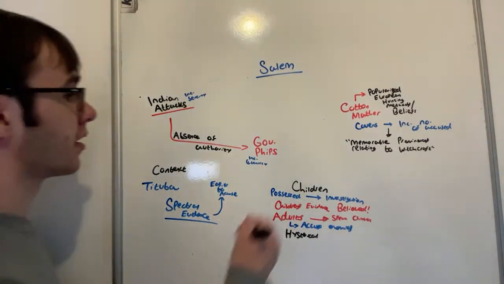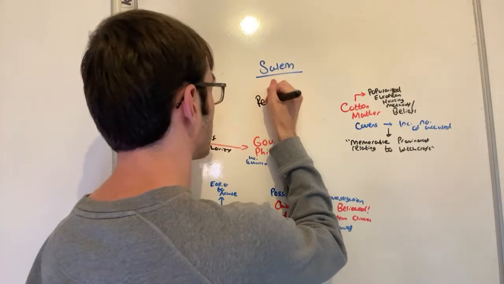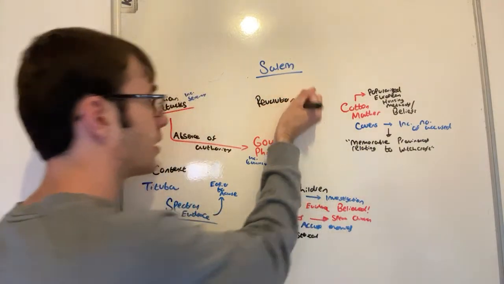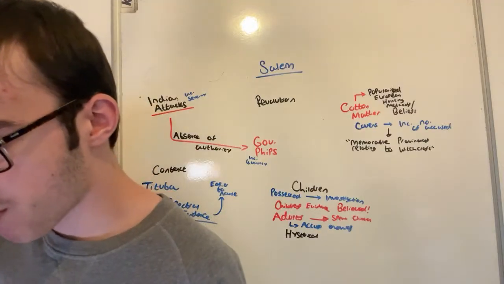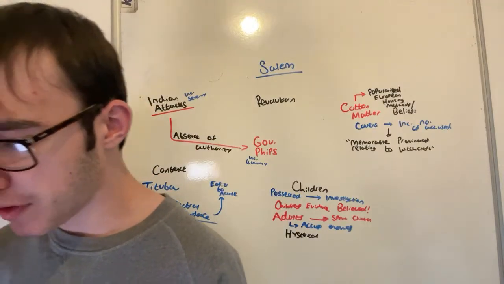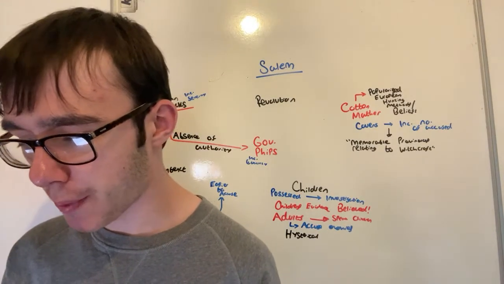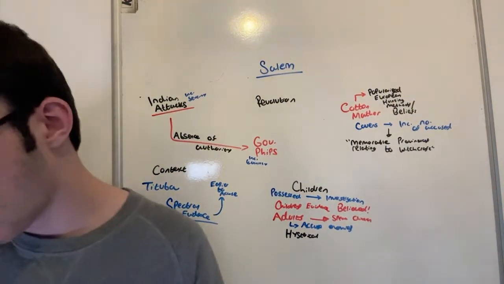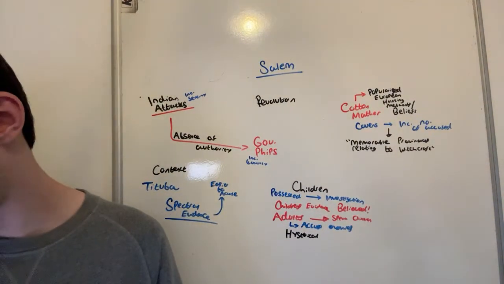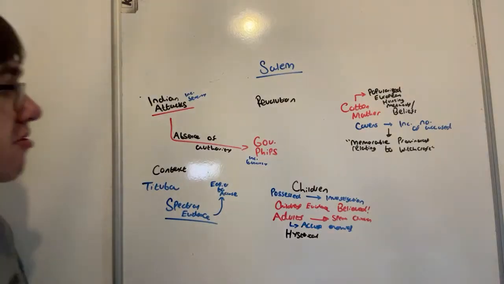Another mini point is the revolution. Now, all the mark scheme says for this is the revolution in England had produced a political vacuum with no governor till May. When a new one arrived, the political vacuum allowed the trials to continue.